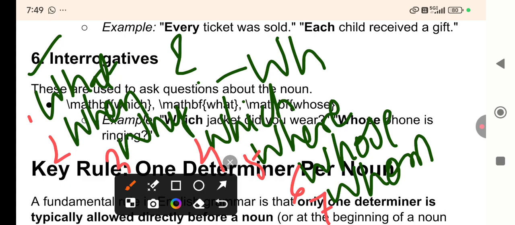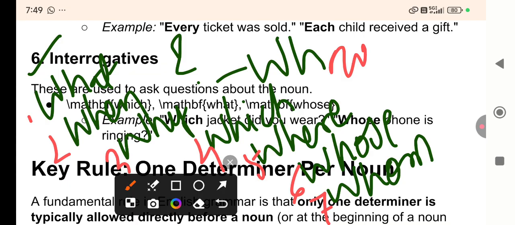Right? And what, when, why, which, where. Right? Whose, whom, which, and how, and one more.